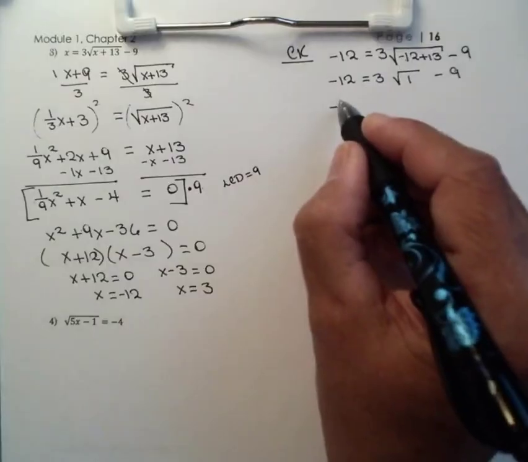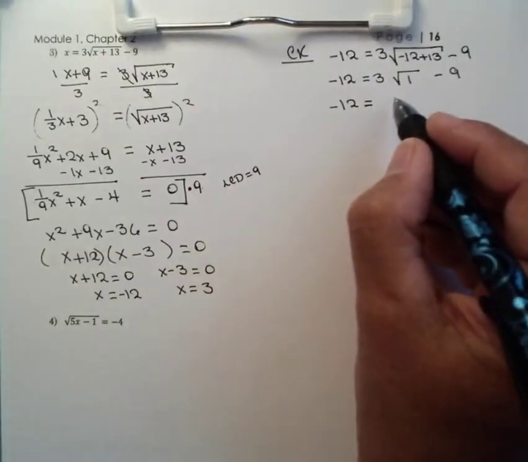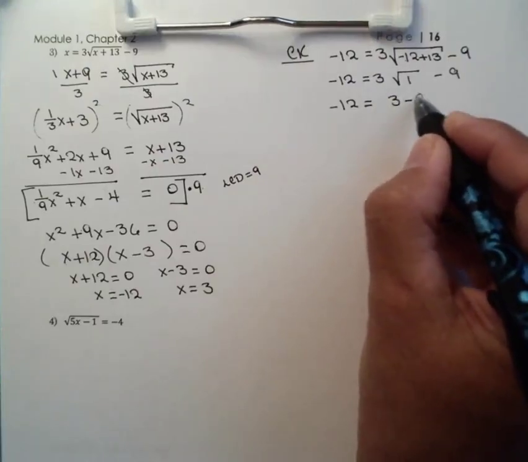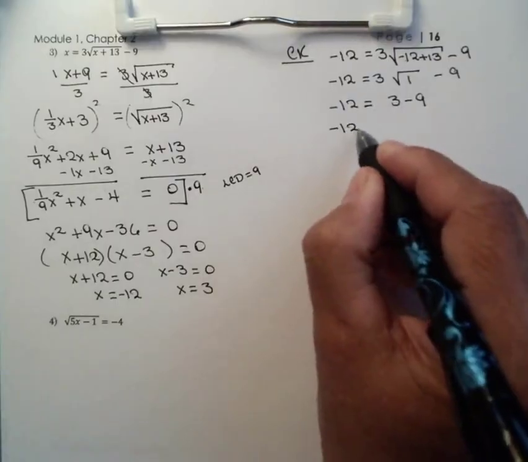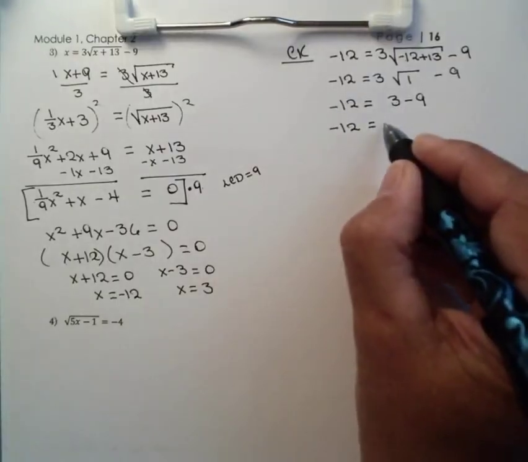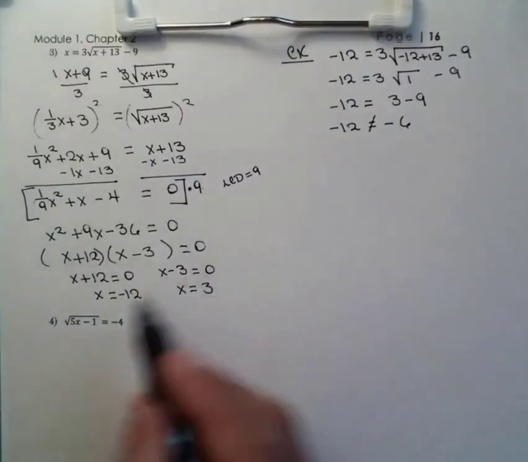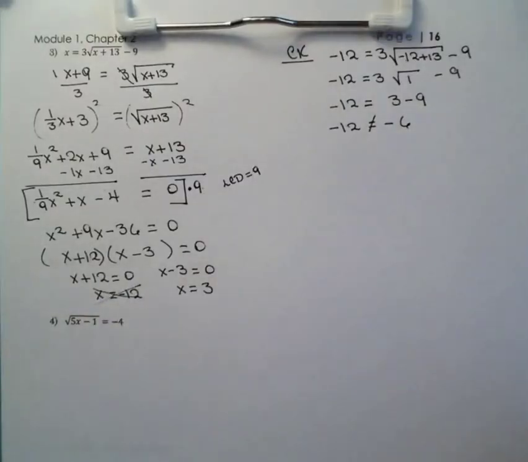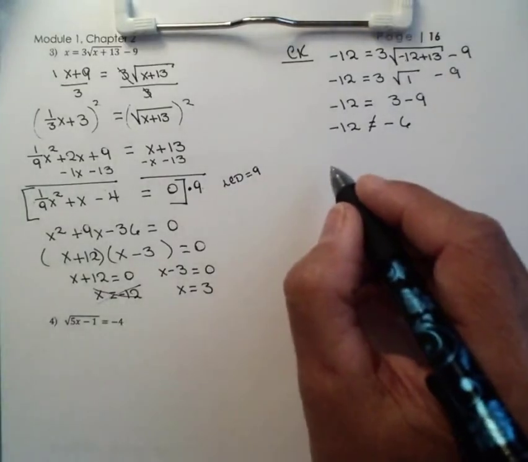So what do I have? I have negative 12 is equal to 3 minus 9. Well, 3 minus 9 is negative 6. So that one did not work. Negative 12 is not a good solution, okay? It turned out that that was an extraneous solution. Well, let's see if the other one works. We'll try 3.